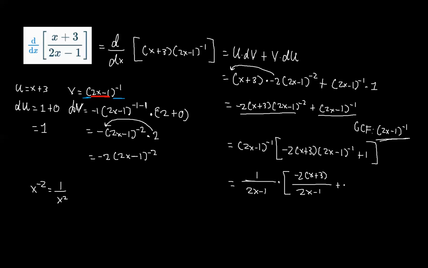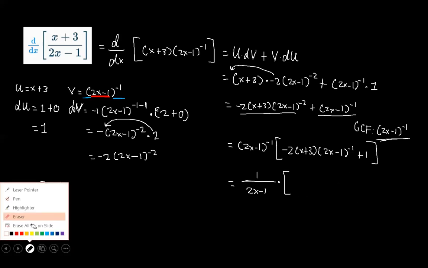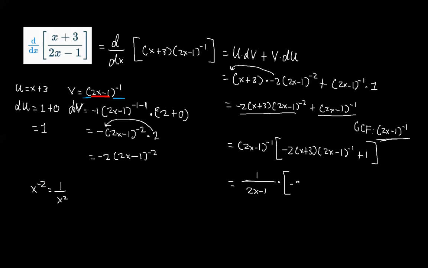Plus 1. If you're asking how come 2x minus 1 is in the denominator, if you take it very slowly, this is what it looks like: we have negative 2 times x plus 3 times 1 all over 2x minus 1, and plus 1.